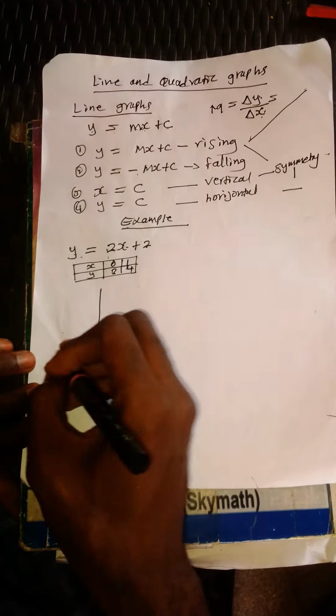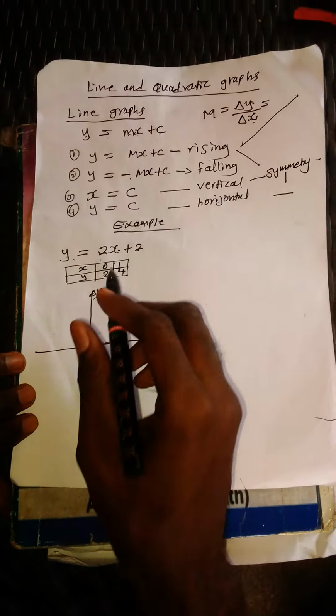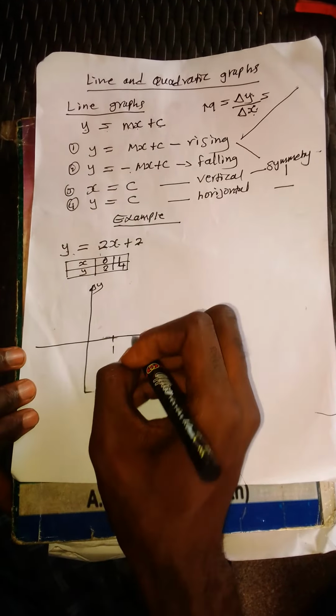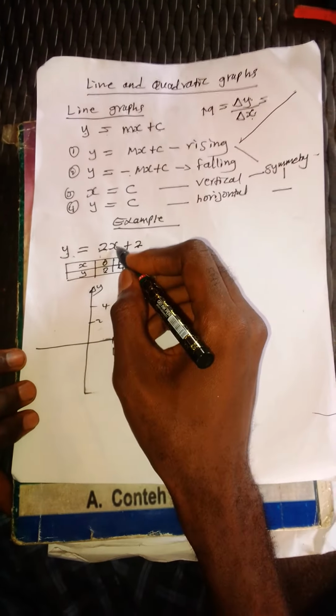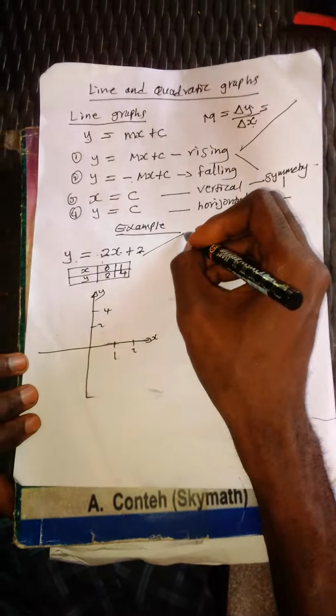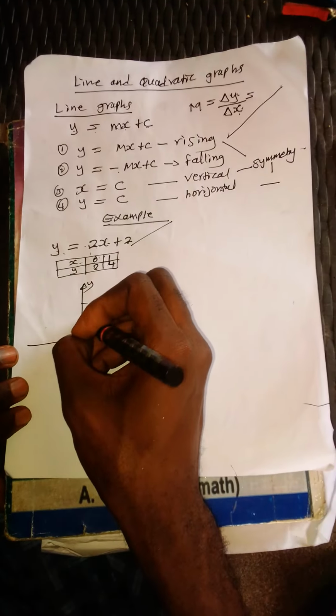Let's plot this line roughly. This is y, this is x. The highest value of x is 1, and y goes to 2 and 4. I told you this one is rising because it's positive. So when x is 0, y is 2, which is at this point.